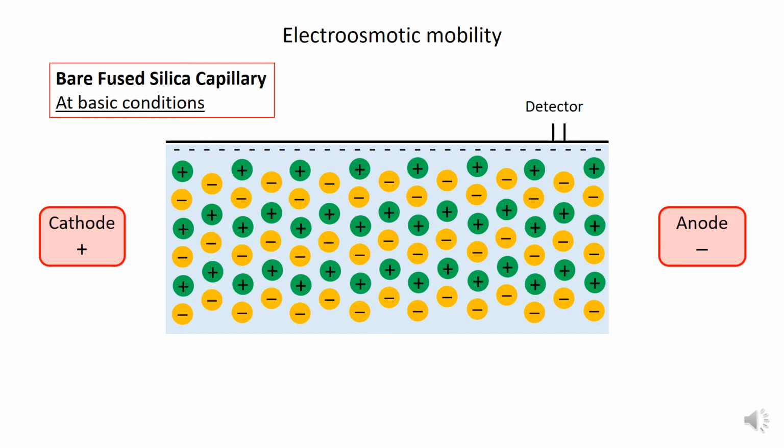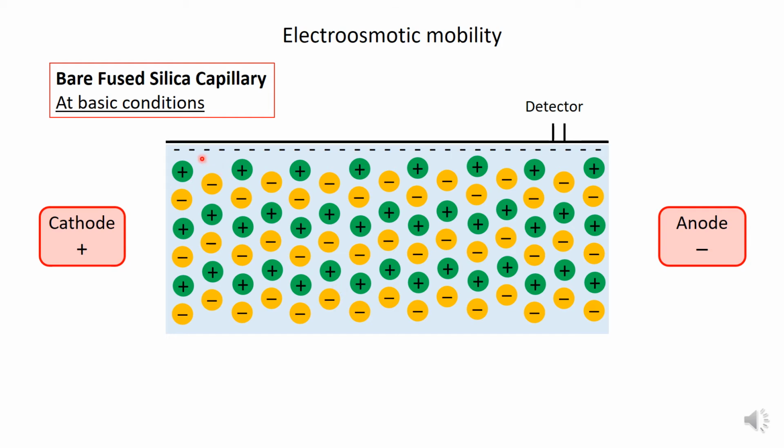So you see now, this is the zoom in the background electrolyte. You have different cations and different anions, and there is a neutral equilibrium in the solution.